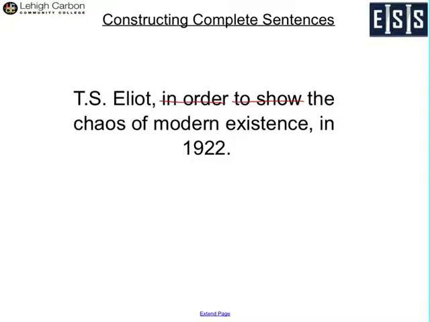It can't really stand on its own as a complete sentence. "The chaos," that's just a noun. "Of modern existence," another prepositional phrase, and "in 1922," another prepositional phrase. Well, that's practically the whole sentence. The only thing we've got left is T.S. Eliot at the very beginning, our subject. So what we are missing is a verb.